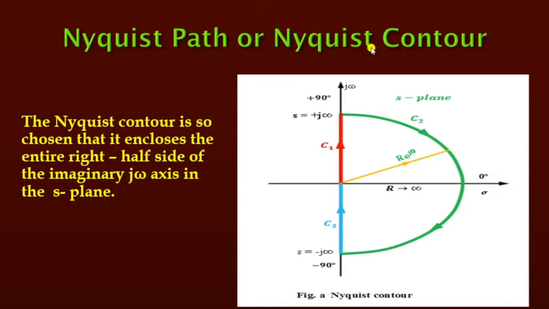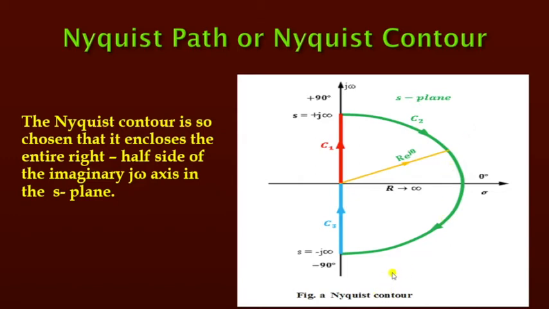Nyquist path or Nyquist contour. In order to apply Nyquist, we make a special choice of closed contour in the S-plane. This contour is known as the Nyquist contour or Nyquist path.